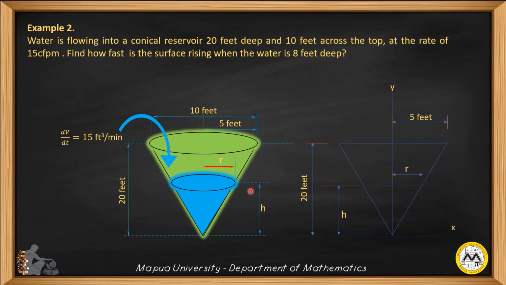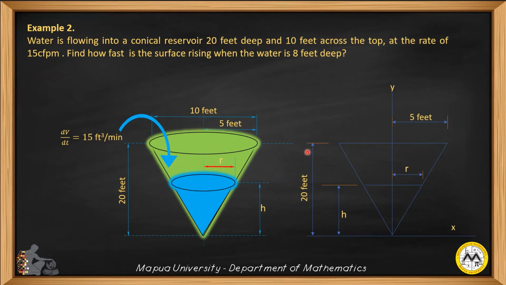Okay, so the cross section of the conical tank would just be the triangle, and that over here would be the water, and the depth of water at any time t is given by h, and the radius of the circular surface will be r.